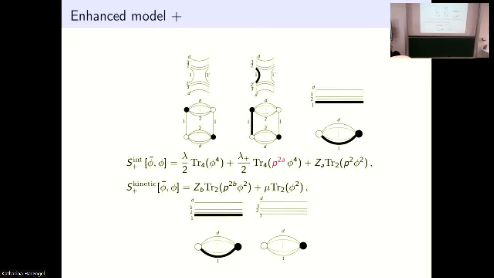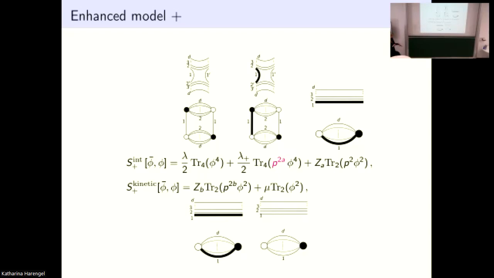Whereas for enhanced model plus, instead of enhancing both sides, we only enhance one of them. Traditionally, both are melons, but I fatten this side. So we will see, possibly, the effect of making it not so melonic.